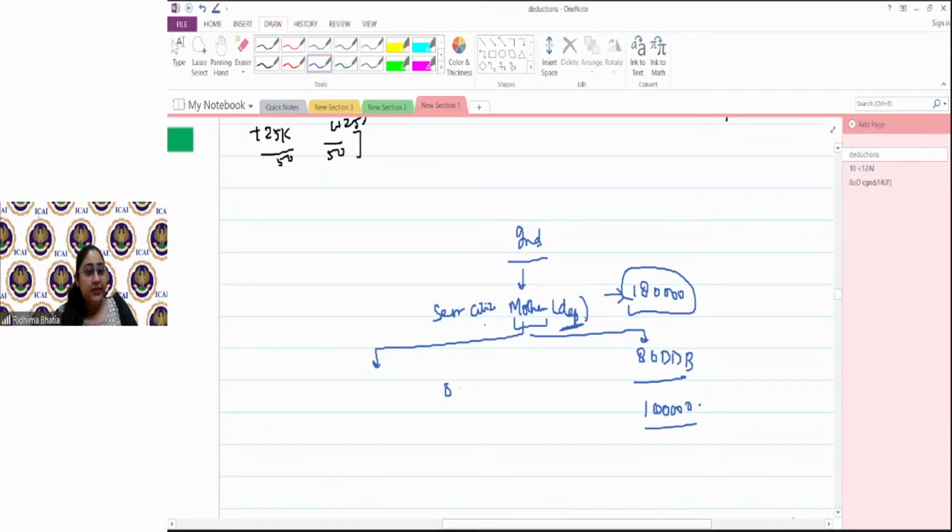Now 80,000 is still yet to be claimed, and I have 80D ka window whereby I can claim under the 50,000 category for my parents with no insurance, the medical treatment cost also. So from this 80,000, I can claim as an individual 50,000 here. Got it? So 1 lakh यहाँ पे आ गया and 50,000 यहाँ पे.